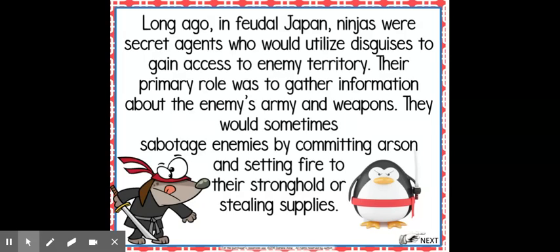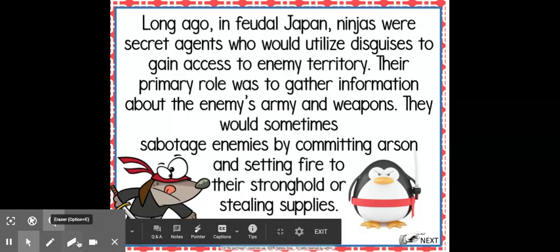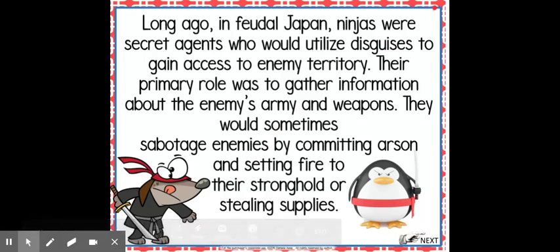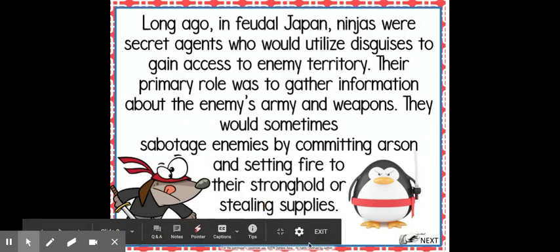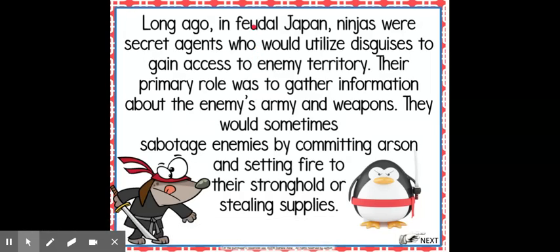Take a look at some of the vocabulary in this. We've got vocabulary such as disguises, primary role, committing, sabotage, stronghold, stealing, supplies. That is some higher level vocabulary. Well, we've also got some tier three vocabulary that is grade specific: feudal Japan, ninjas, territory.